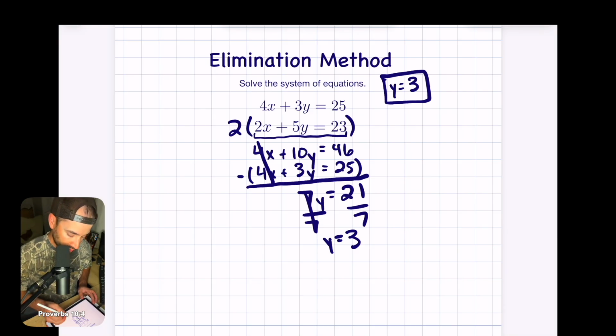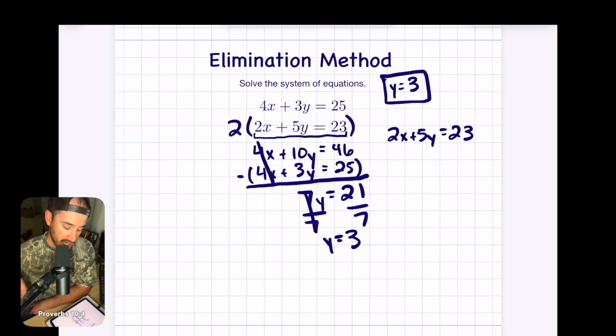And so I'm going to copy that down right over here. So 2x plus 5y is equal to 23, okay? And like I said, y is equal to 3, so now we can plug in that 3 right there for the y, okay? Or we're going to substitute 3 for y.